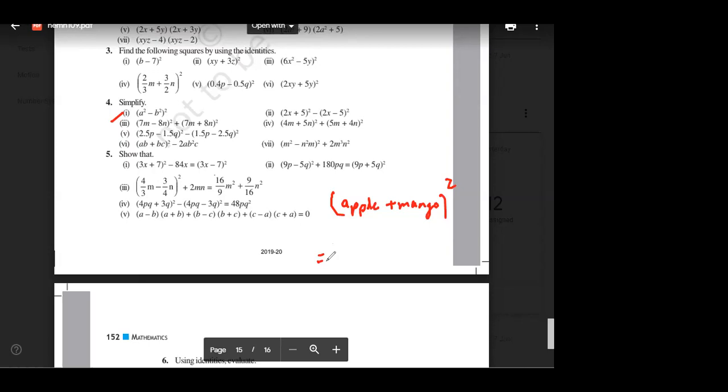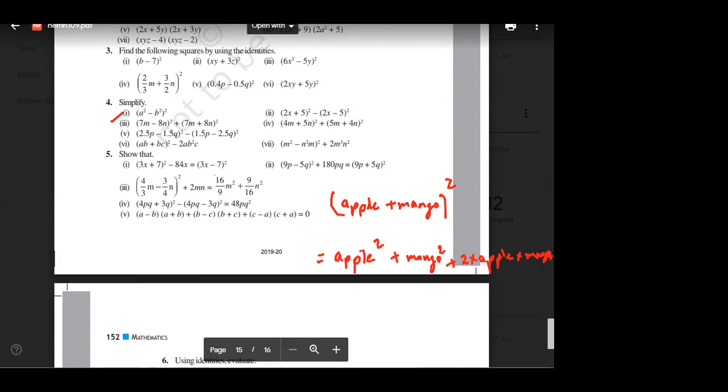Sir, apple square plus mango square plus 2 into apple into mango. Very good.